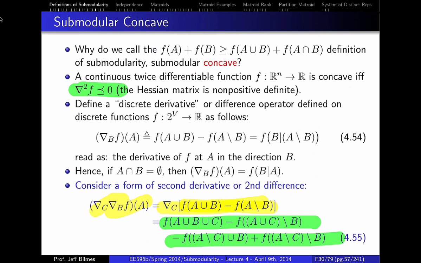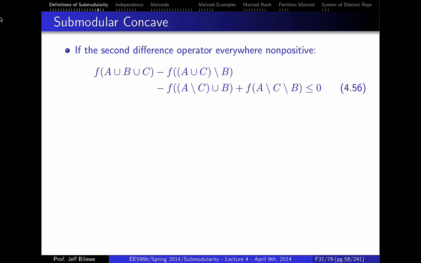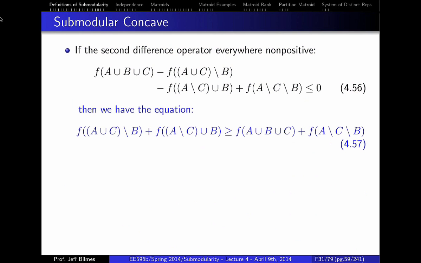Here's that second derivative, 4.55 repeated, but now saying what must be true if it's always non-positive. This is the non-positive condition here. So rearranging terms, we get an equation that looks almost like it: f of this stuff plus f of this stuff is greater than or equal to f of this stuff plus f of this stuff.